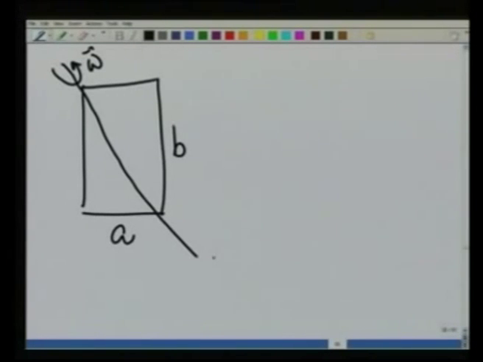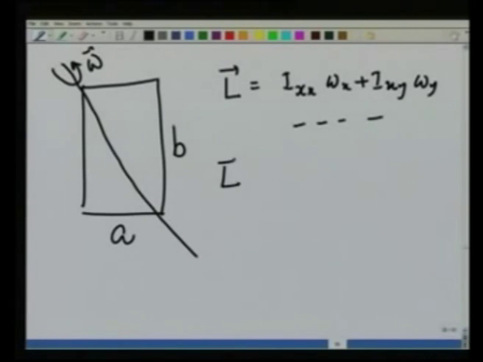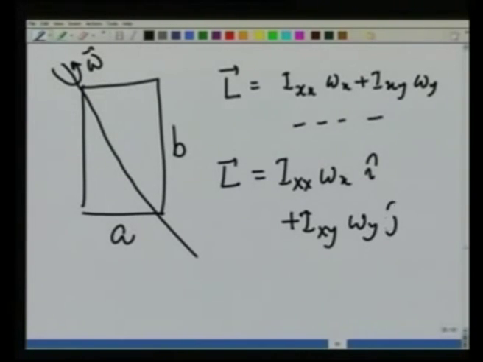Now, either I should be doing L equals that whole thing, I x x omega x plus I x y omega y and so on, or I can go to the principal set of axes, calculate the components of omega, and then straight away write L equals I x x omega x i plus I y y omega y j plus I z z omega z k.